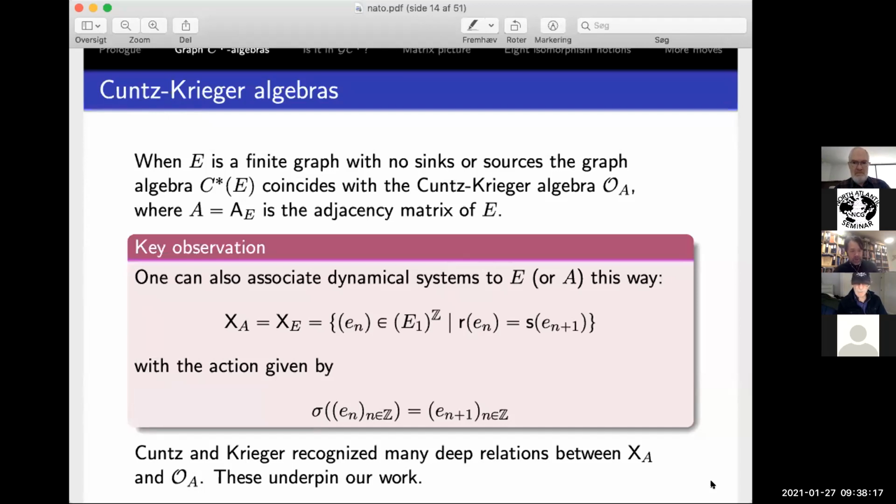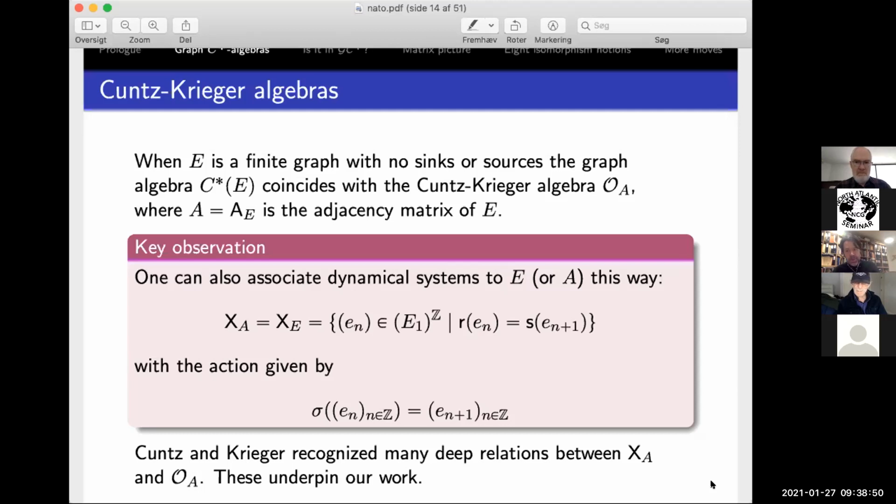And when Cuntz and Krieger made the definition of the Cuntz-Krieger algebras, they wanted to understand the relations between the dynamical systems and the C-star algebras. These were recognized in the first papers: various notions like, if the dynamical systems are identical in this sense, then the C-star algebras are identical in this sense.